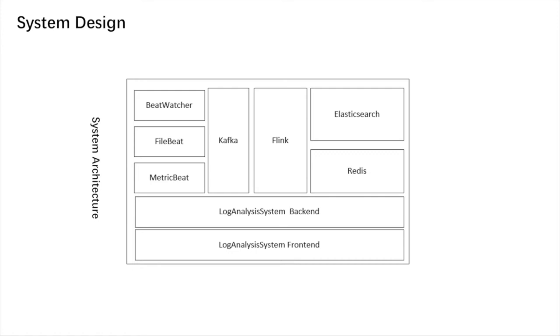Bitwatcher is a Go language-based self-developed service for managing file bit and metric bit. Meanwhile, Redis will be used to store user configuration data, and Flink will be used for data processing. Finally, the log data will be stored in ES for analysis and search.